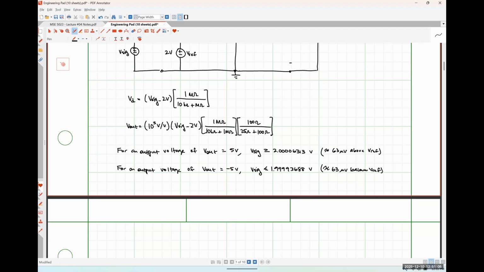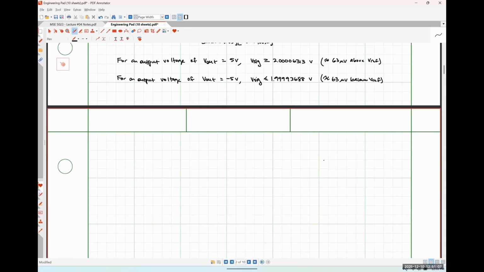So from this, we can say that our output signal Vout will essentially be VCC plus, or positive 5 volts, whenever our signal voltage is greater than Vref.